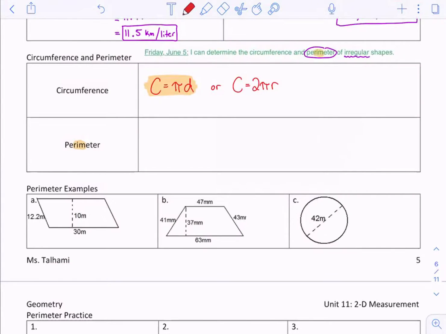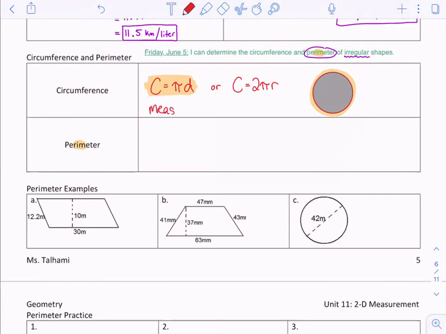So the circumference. Did you learn cherry pie delicious? That's what I learned, and that's why I remember it that way. Yes, me too. So the circumference of a circle is actually this outside piece right here. That is the circumference of the circle, the measure of the outside of a circle.